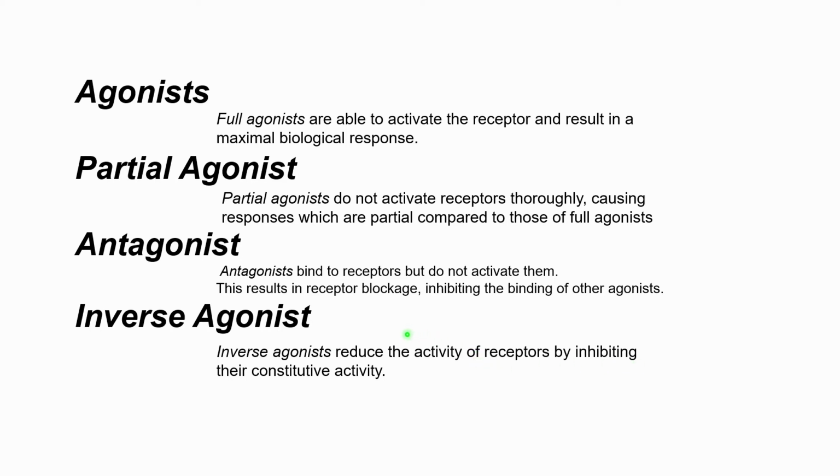A couple of examples. So heroin is strong agonist of opiate receptor. Narcan is strong antagonist of opiate receptor. It binds to this receptor and prevents heroin or other opiate to bind to it.